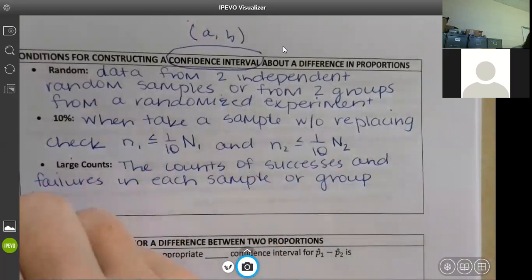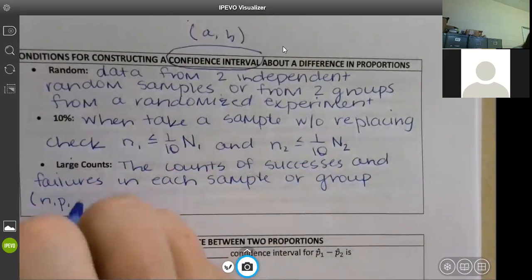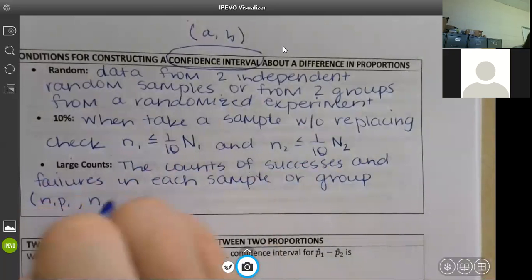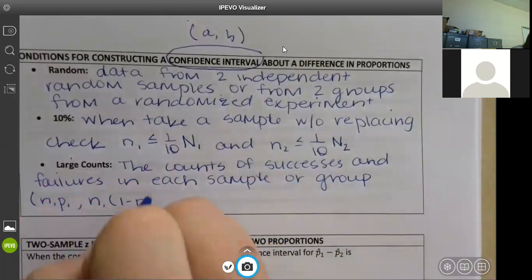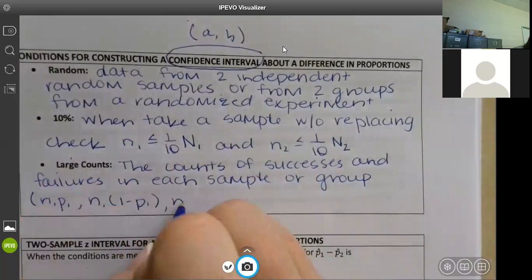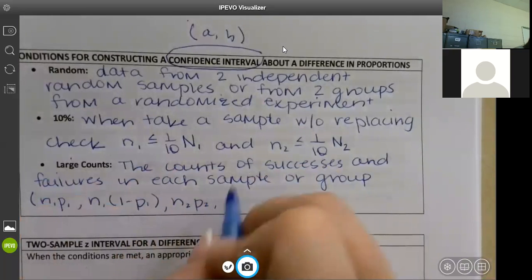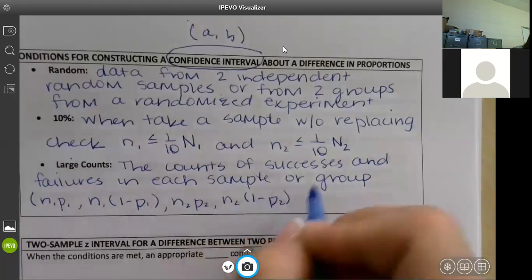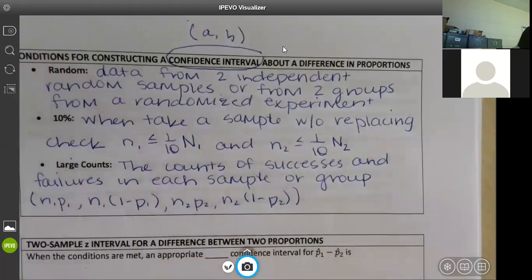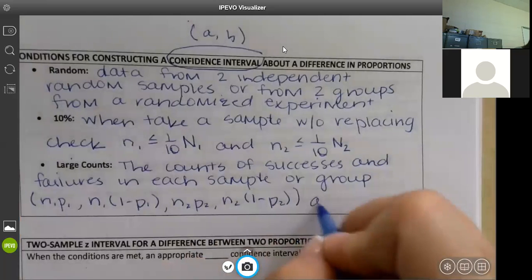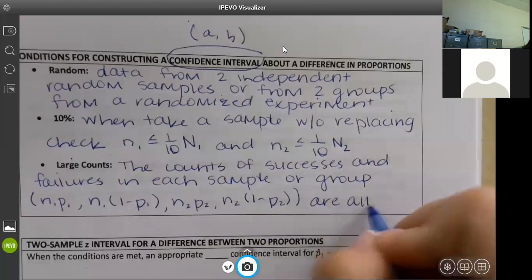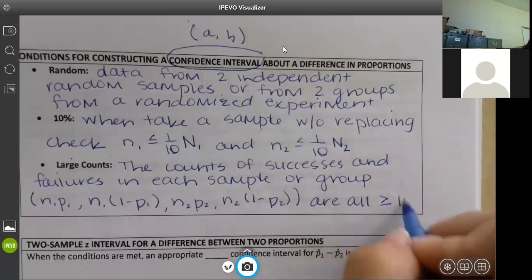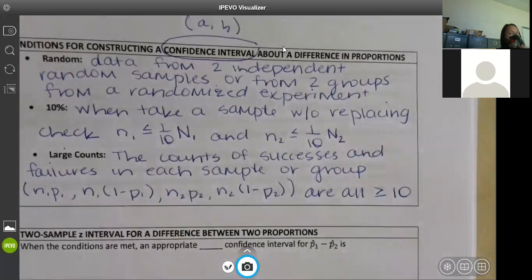That would be N1 P1, N1 (1 minus P1), N2 P2, N2 (1 minus P2). Are all greater than or equal to 10. So at least 10.